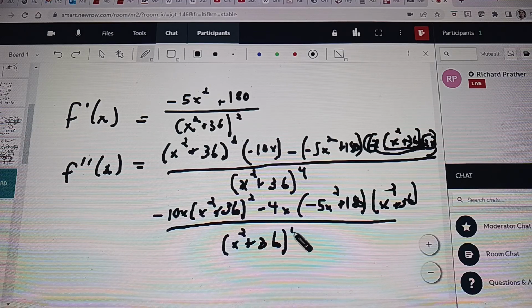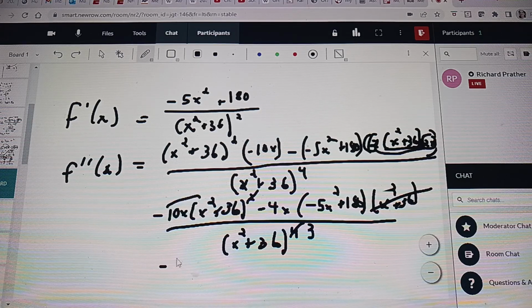Now, one thing that could help here is each of the three parts has an x squared plus 36. So I could cancel one of these two and one of these four, and leave 3 left. That would at least help where I could distribute then.